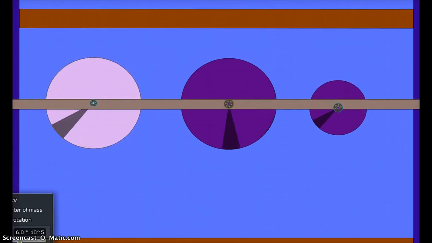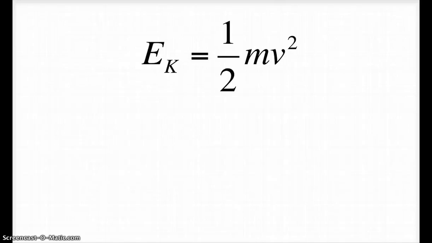Objects that rotate, they have inertia too, but it's slightly different. We call it rotational inertia or moment of inertia. And the greater the moment of inertia, the harder it is to get that thing accelerating or spinning. Good old-fashioned kinetic energy, which is called translational kinetic energy, is given by the formula 1/2 mass times speed squared.